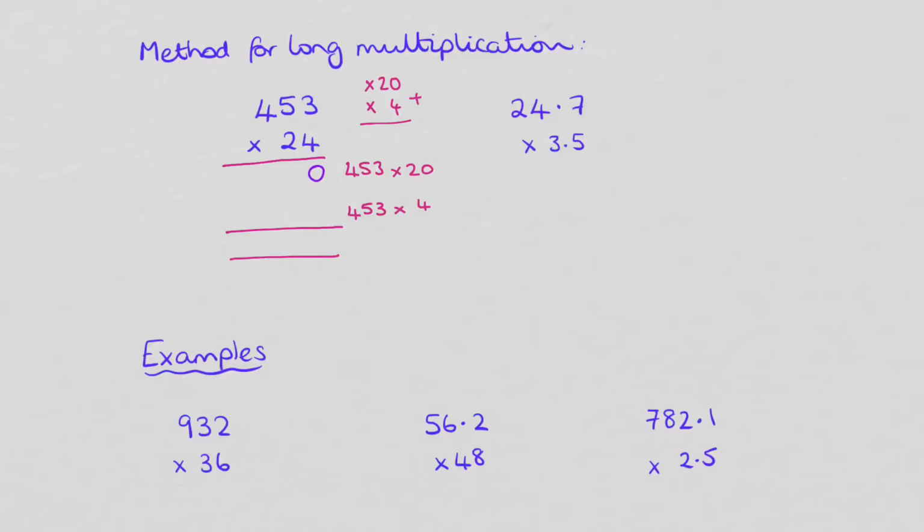So we just do now 453 times 2, because we know that'll give us 453 times 20 because we've put the 0 there. Okay, so ignore the 4. 3 2s are 6. 5 2s are 10.